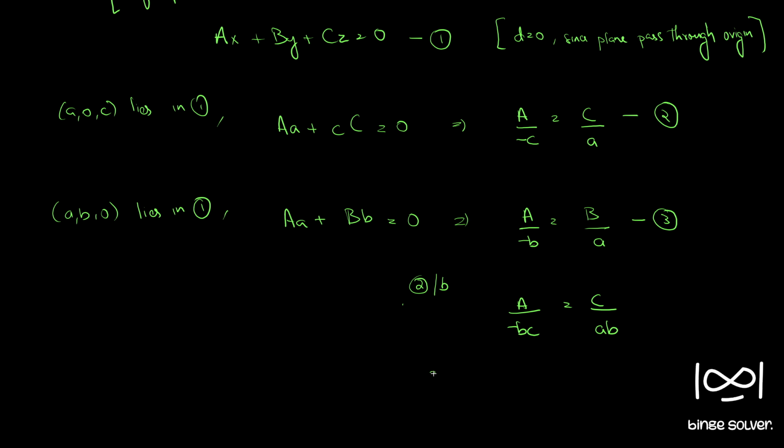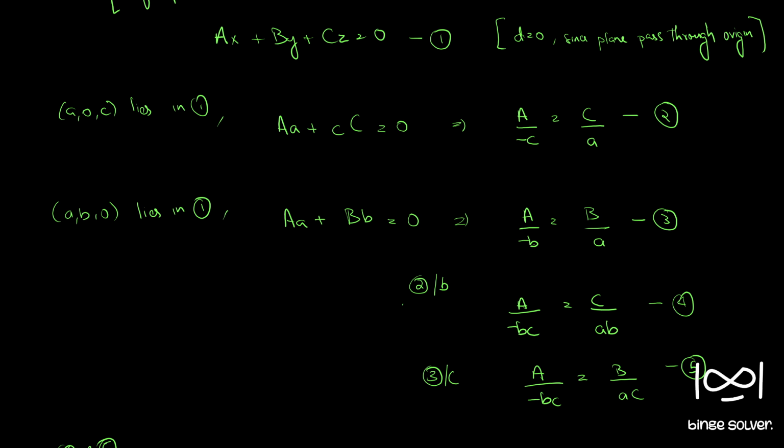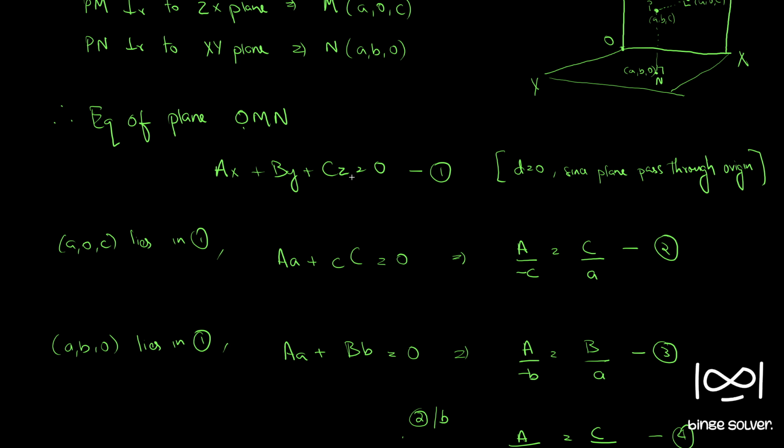From 2 and 3 we get A/(-bc) = B/(ac) and so on, which we call 4 and 5. Equations 4 and 5 give A/(-bc) = B/(ac) = C/(ab). So now we have the direction ratios A, B, C which define this plane.